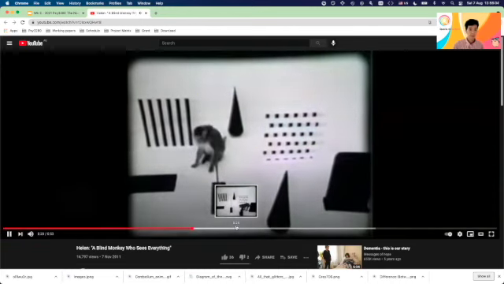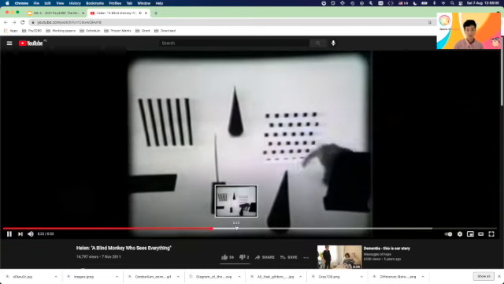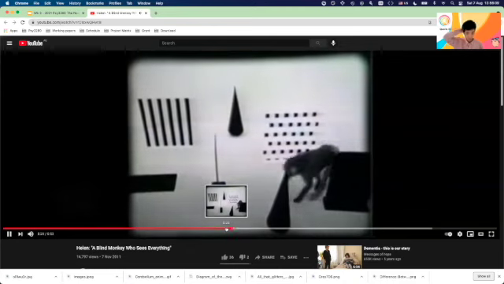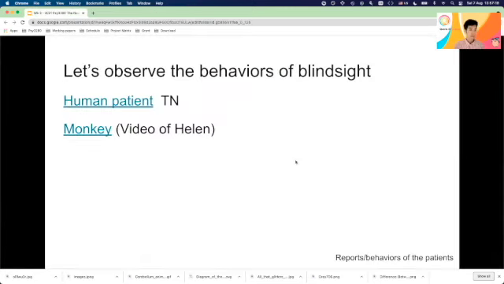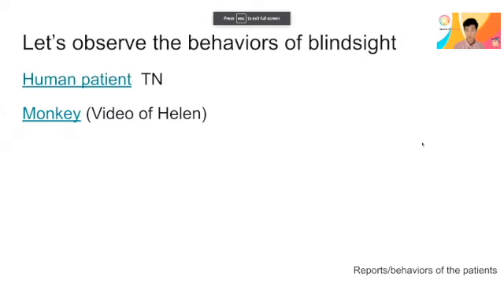This monkey also has a lot of lesions in the visual cortex, and initially they didn't understand why this could be possible, because this monkey was supposed to be devoid of the visual cortex, but he was able to move. So these two videos show the behaviors of blindsight for both monkey and human.